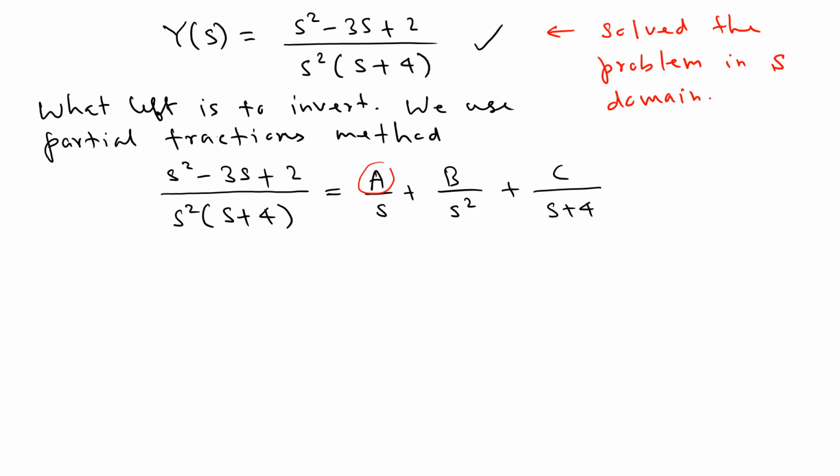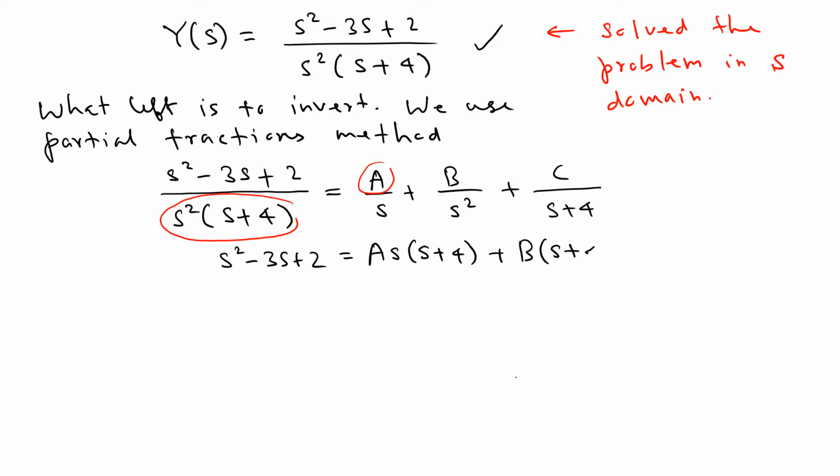What we normally do is use the standard technique. We multiply both sides by the denominator. That means we get s squared minus 3s plus 2 equals A times the missing terms. The missing terms are s and (s plus 4), plus B times the missing term (s plus 4), and plus C times the missing term, which is only s squared.